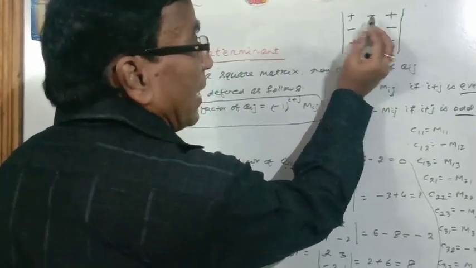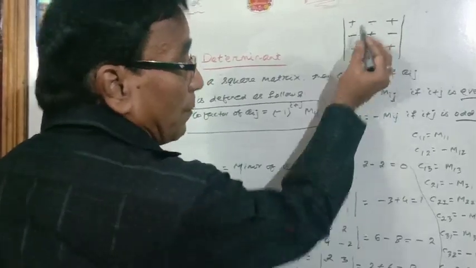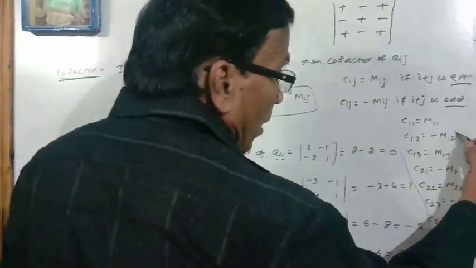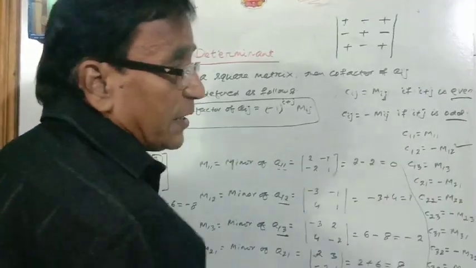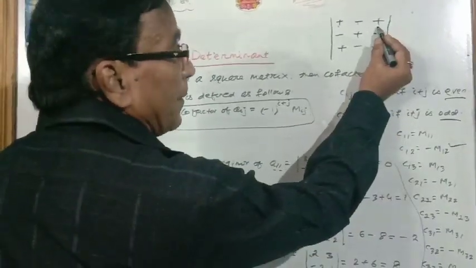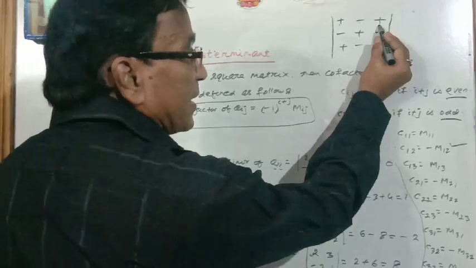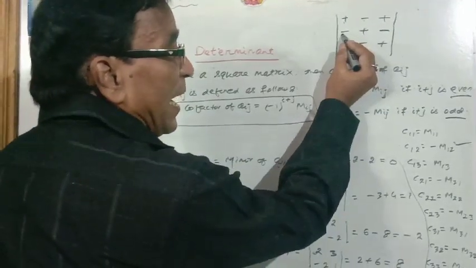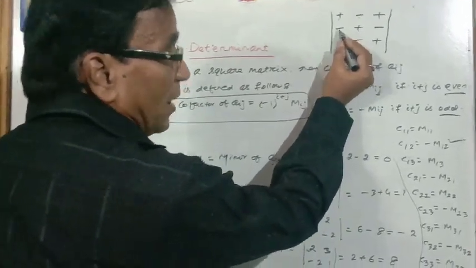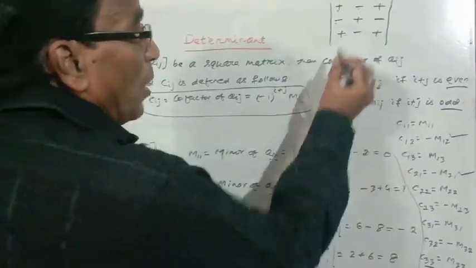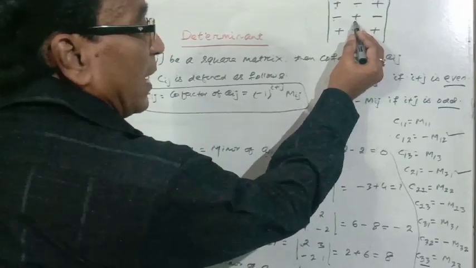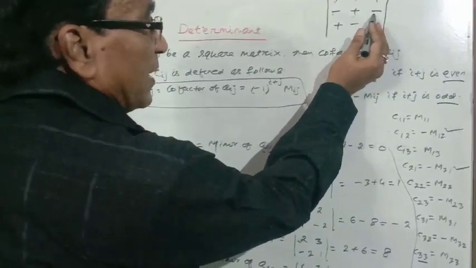And for the element A12, cofactor and minor are of opposite sign. And for this again, cofactor and minor are same. And for this element A21, cofactor and minor are of opposite sign. For this, again cofactor and minor are same.